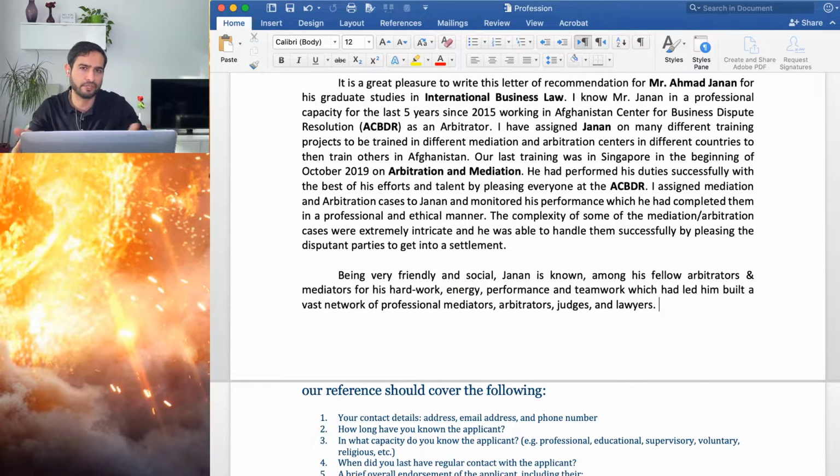So you can ignore this, but I think this is good because, first, it talks about his character. He's social, and social is also related because he has good teamwork, and then a vast network of professionals. If you're friendly, if you're social, if you're good at teamwork, definitely you have very good networking.